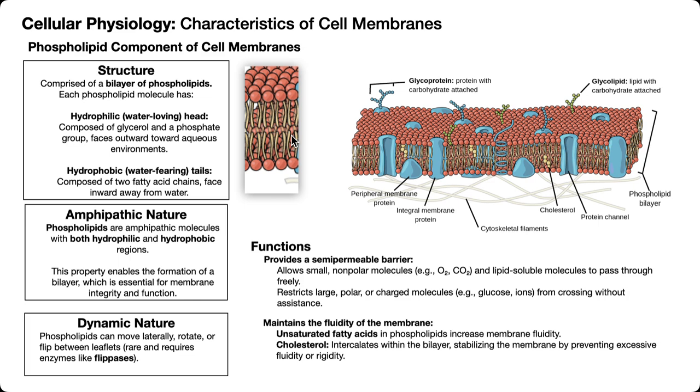As far as what's allowed to cross that membrane, we're going to see the smaller, nonpolar substances that are able to go right through this nonpolar region of the membrane. Those are going to be things like gases, oxygen, carbon dioxide, and then we also have lipid-soluble molecules that can pass through freely.